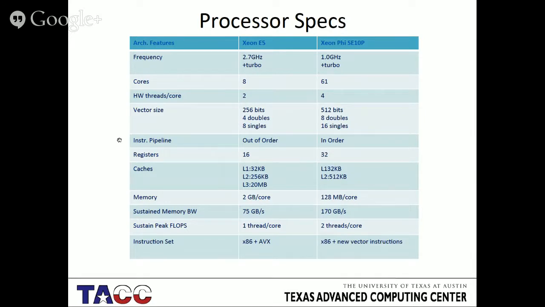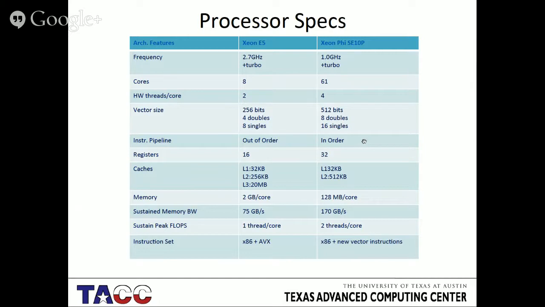And so I just want you to take a look at these processor specs, and this is where what I said earlier about high performance and hardware, how the hardware matters. How you optimize for the mic, it takes quite a bit more effort to get to run well on the mic than on the regular Sandy Bridge. The biggest advantage, though, is just about everything you do to make a code run faster on the mic translates directly to the Sandy Bridge.